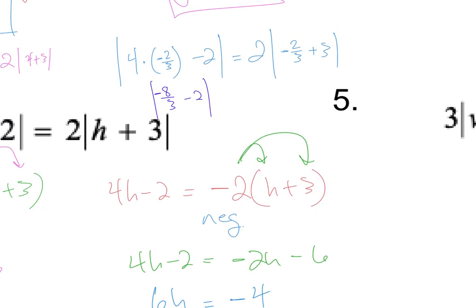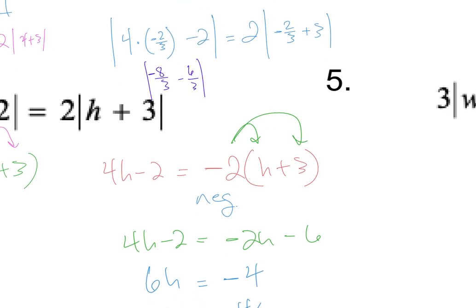And then 2, we can convert that to a fraction. We're doing thirds here, so that'd be 6/3. So negative 8/3 minus 6/3 is negative 14/3. And the absolute value of negative 14/3 is 14/3.